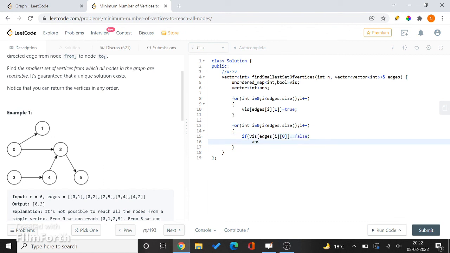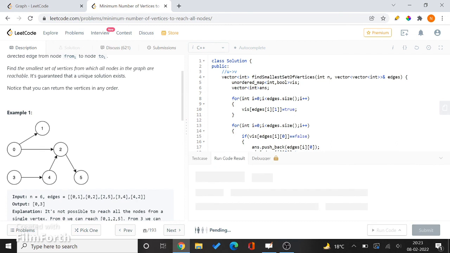So what we are going to do is push it back into our answer, and then we are also going to make it true, so that we don't duplicate our answer again. So that's it, and in the end we return our answer.